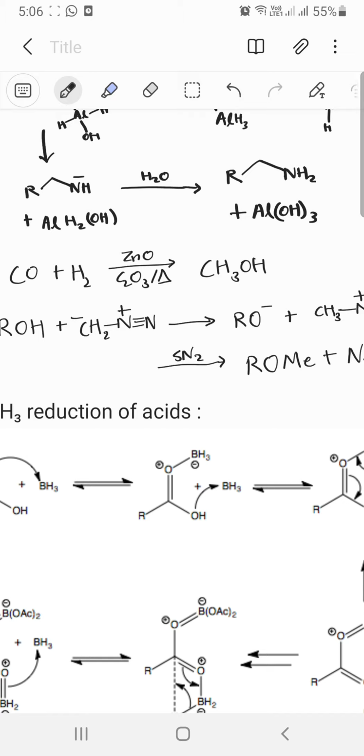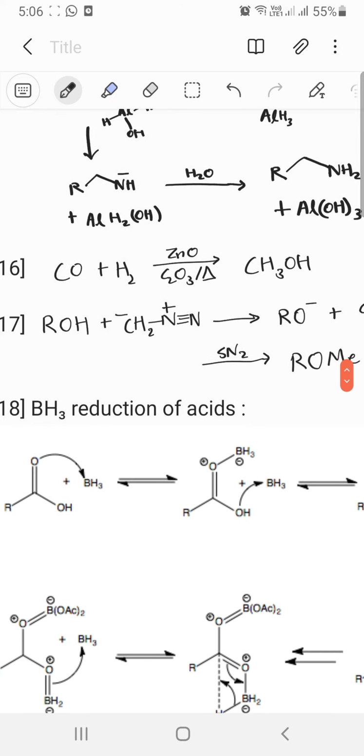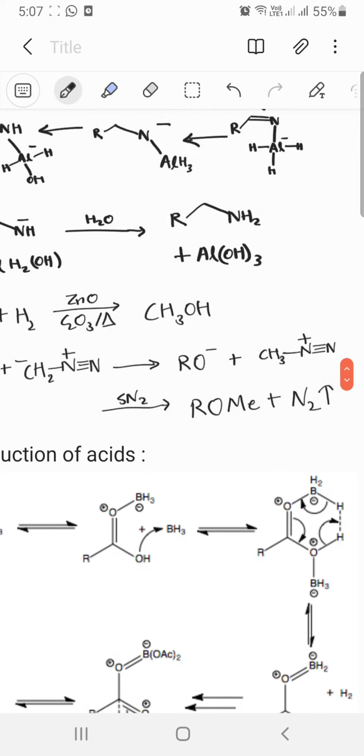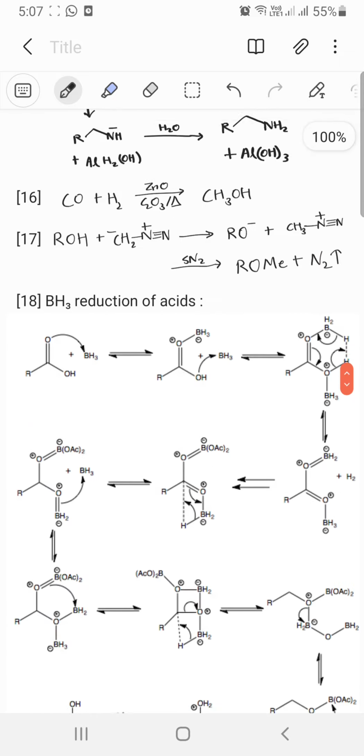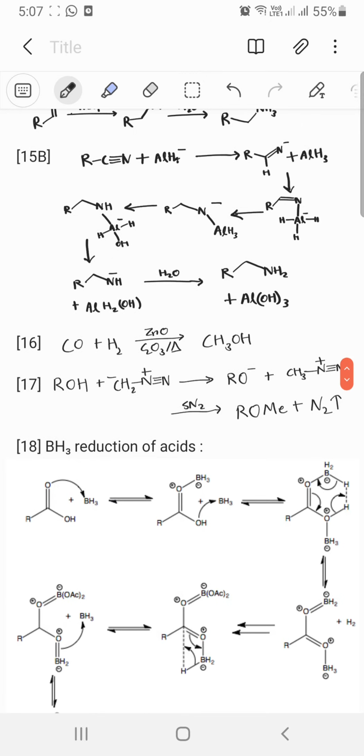It is probably liberated by the oxygen attacking the carbon over there. First it acts as a base and takes that away, and after that it attacks the carbon. Cool. And then you have ROMe plus N2. Looks about nice. 16th reaction, I don't know what it's supposed to be though.